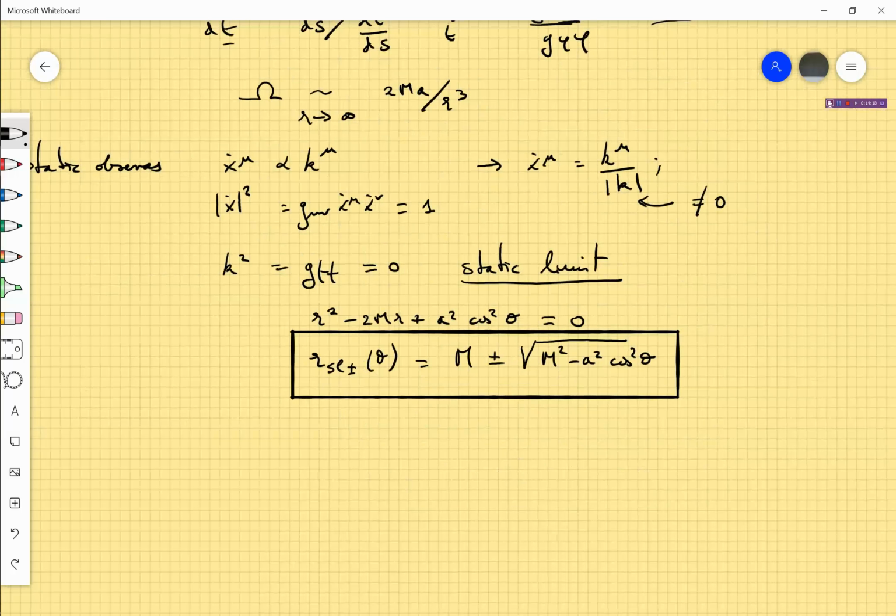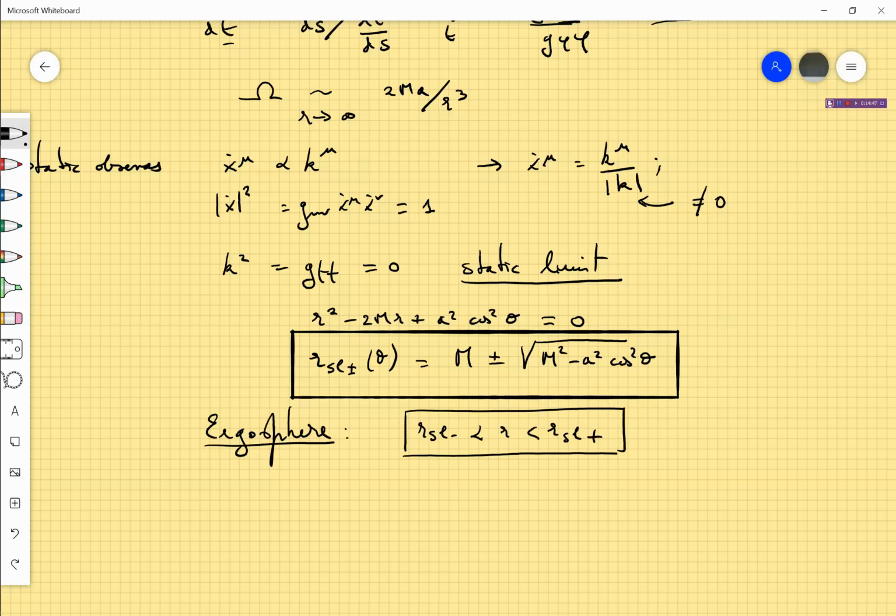Okay, then knowing that this limit exists, one can define a region which is called the ergosphere, which is the region where, as we said, there cannot be static observers. So it corresponds to this region.